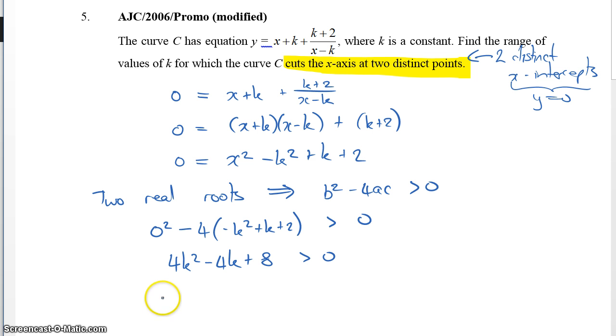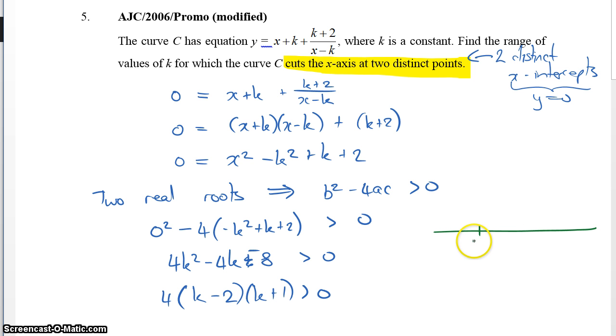And I can factorize that as 4(k - 2)(k + 1) has to be bigger than 0. So I'm going to use my number line method. I know that this has roots at -1 and 2, and the k² term is positive, so it's a smiley face parabola.